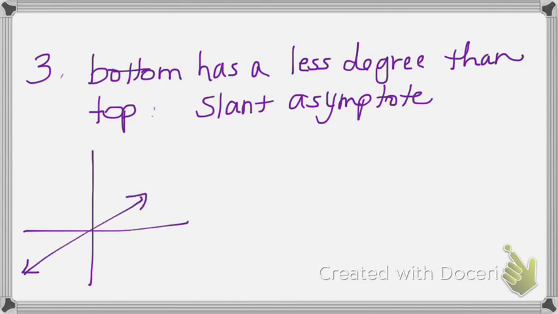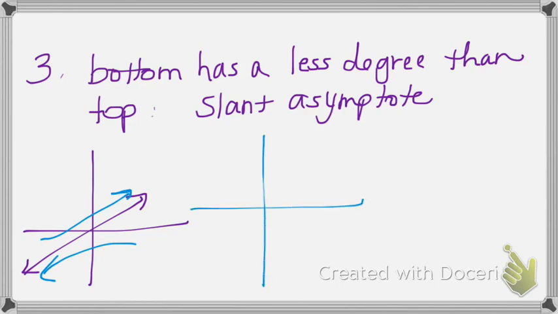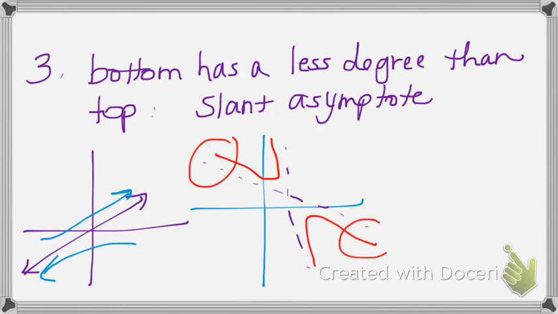If that's, the purple is the slant asymptote, the graph gets close to that asymptote on the ends. Or maybe the graph does something like that. And again, notice on the ends, it's getting close to the slant asymptote.